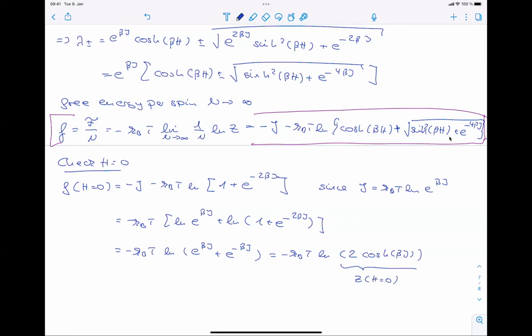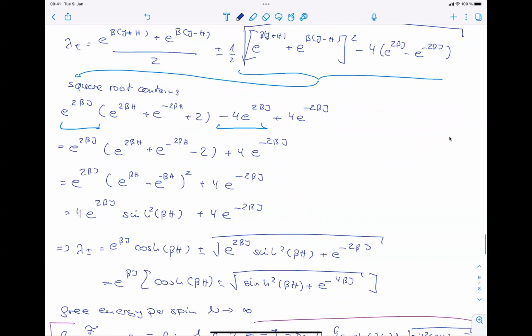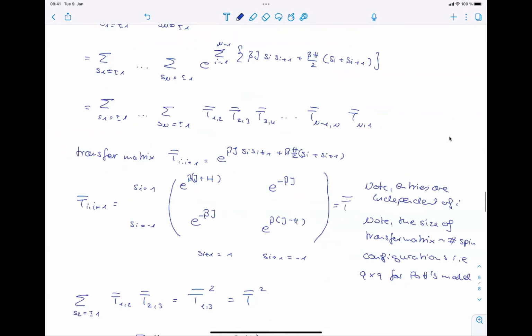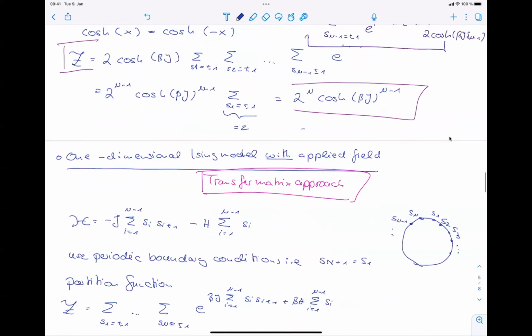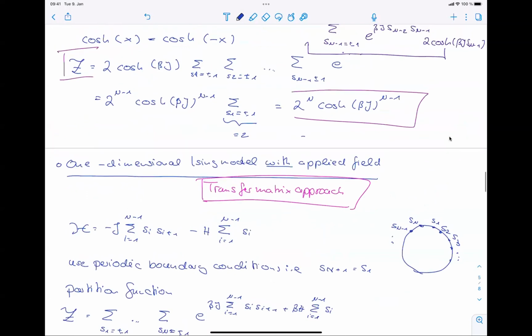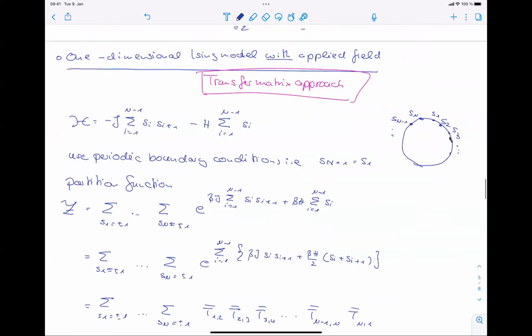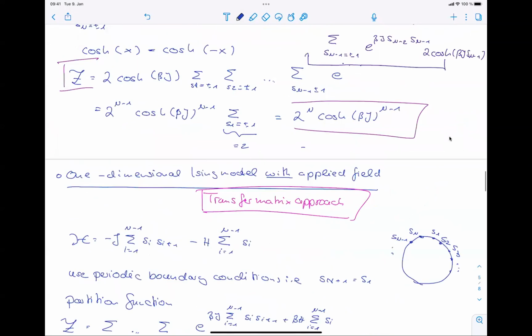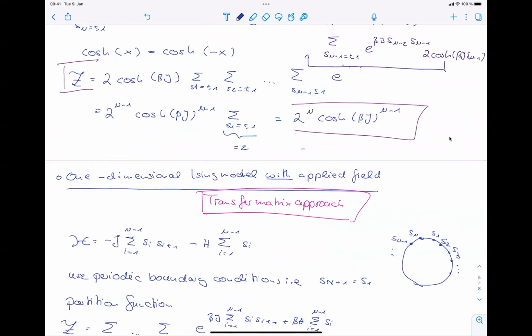Okay, so then we scroll back to see that, sorry, that's Z. So I normalize by n, right? Remember, it's Z over. So here we have the full Z, and if I take the ln, the n becomes in front, and if I take the free energy per spin, I divide by n, so the n drops out.